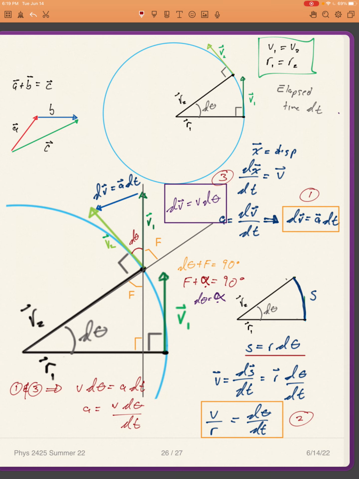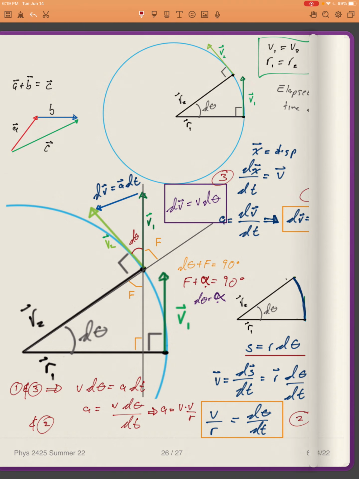Okay, and notice here I already have what d theta/dt is equal to. And so now I add equation 2, and so this becomes a is equal to v times v over r.